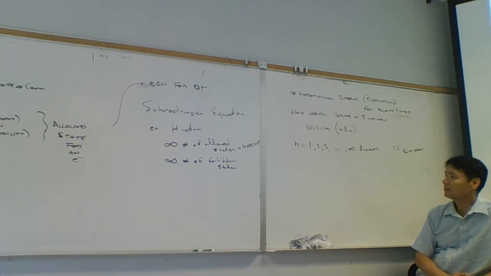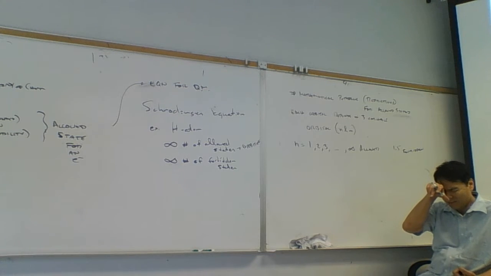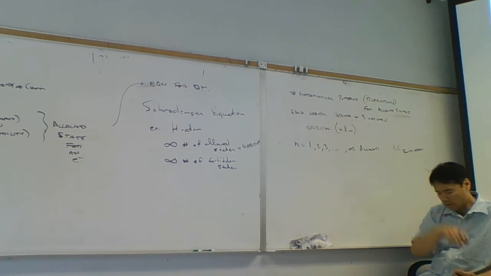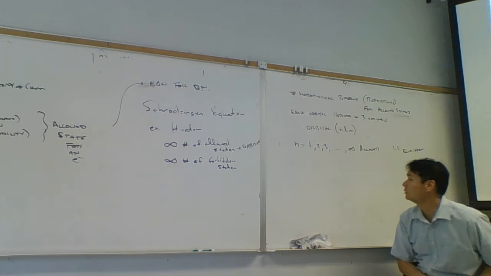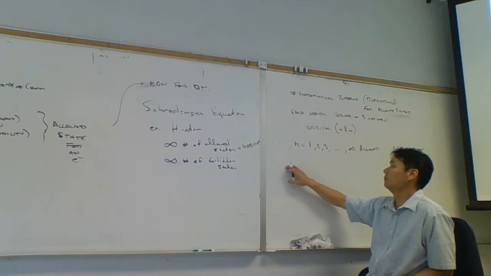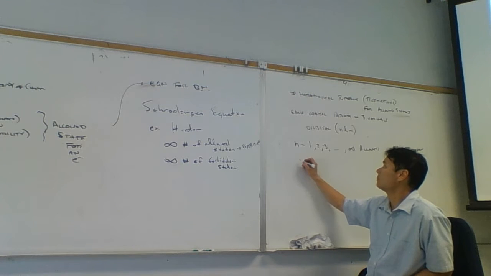And so n has to be a non-zero integer in order for it to work. This is one of the mathematical restrictions that we see. Rather than listing all infinite orbitals, we're just going to list the restrictions on these.